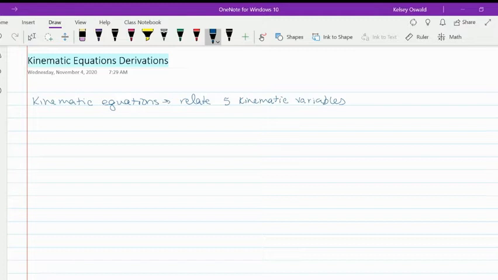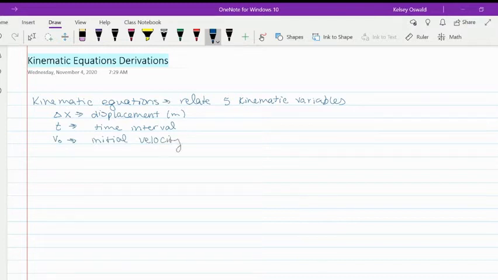So our 5 variables that describe motion are going to be delta x, which represents our displacement, measured in meters; the time interval with which we are moving; the initial velocity with which we are moving. This is the velocity that we are moving before we accelerate, in units of meters per second.